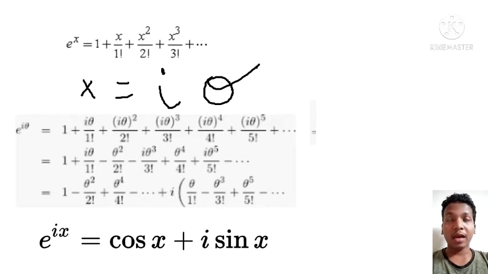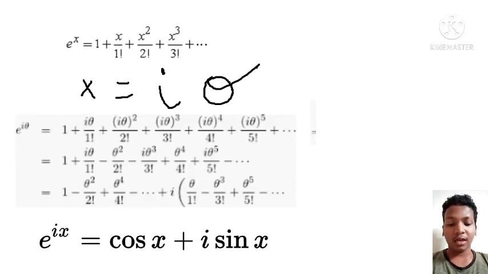As we know, i square equals minus 1 and i to the power 4 equals 1. We put these values in this expression and we find that all the even powers become real numbers, and all the odd powers are still imaginary numbers.